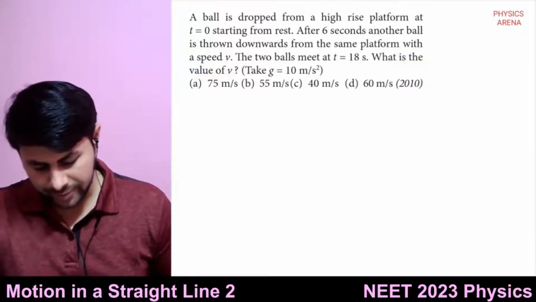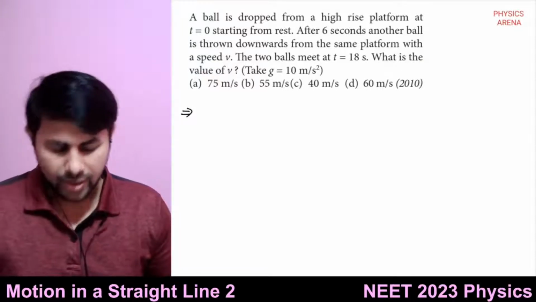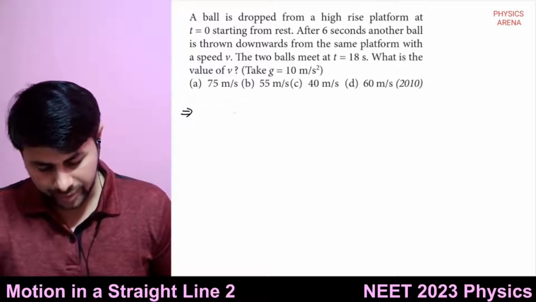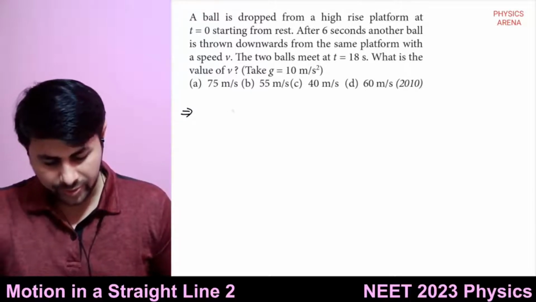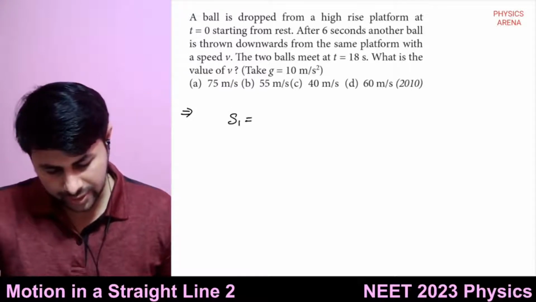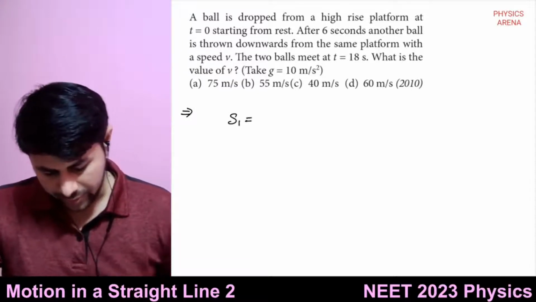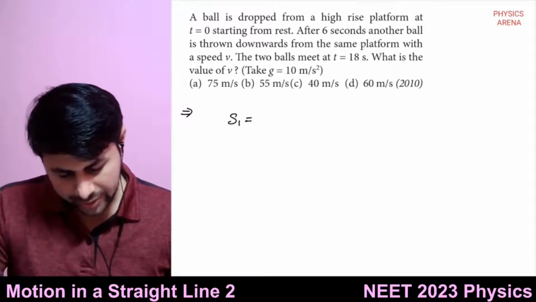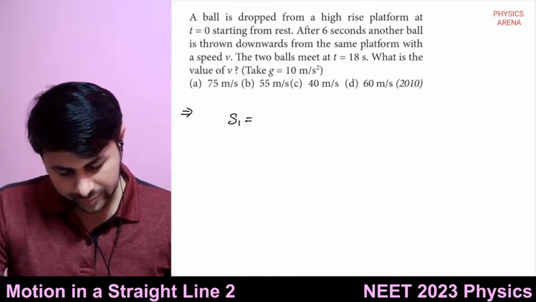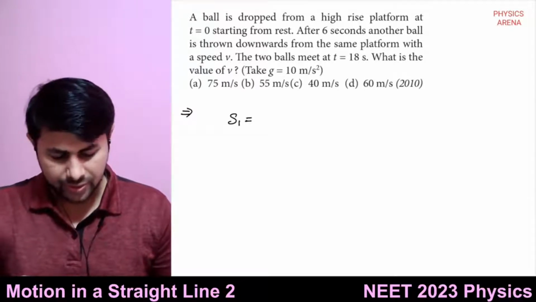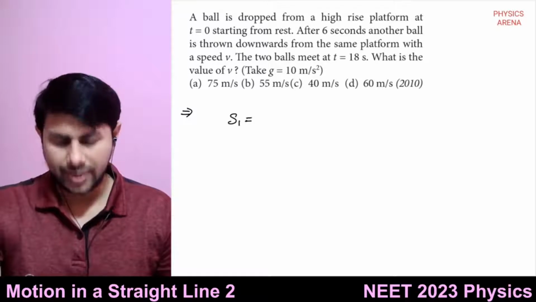So this is simple. See, a ball is dropped, okay. So first ball, let's say for first ball you can write s1 is equal to, no, okay, second ball is dropped after 6 seconds. Okay. So can I say s1 is equal to ut plus half of at square?